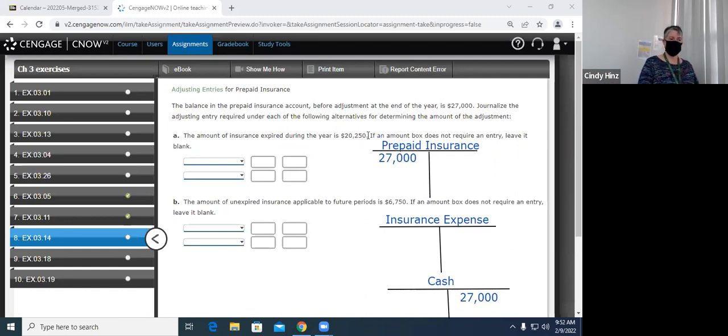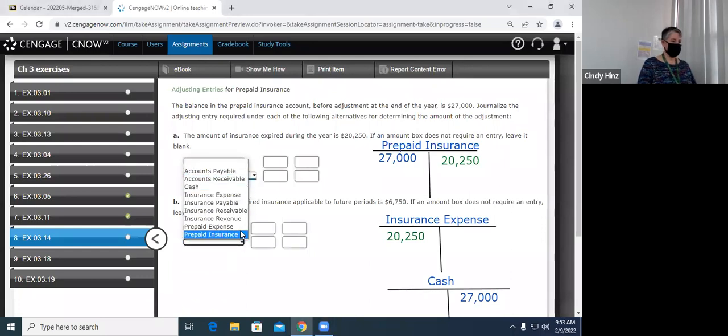If $20,250 worth of this insurance has already lapsed, the time period that it covered, that it protected us, has already passed, that is the amount that we need to move out of the insurance account on the balance sheet and into insurance expense, because it benefited us in the period that has already passed, the period that we're reporting on now. And so what I just put there in green is the adjusting entry we would need to make. And that's going to be the answer for part A.